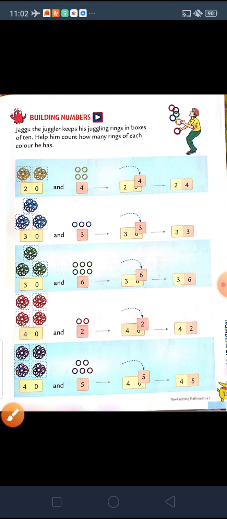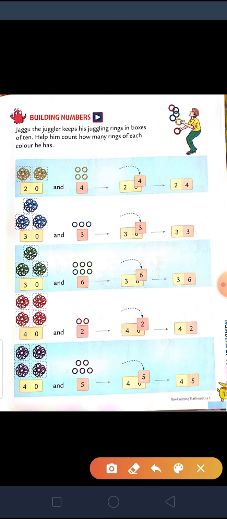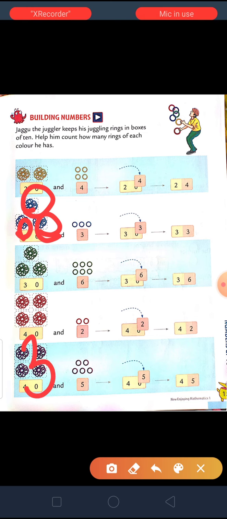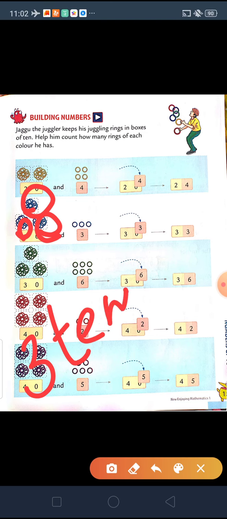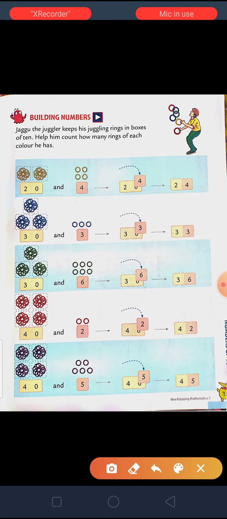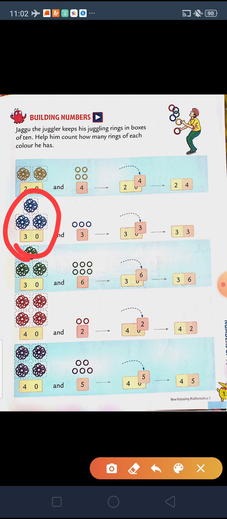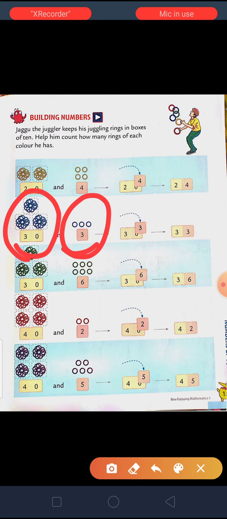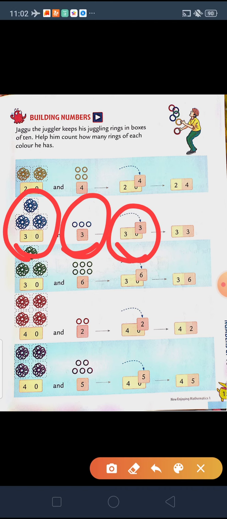This becomes very easy when we make groups of 10. Next you can see blue: 10, 10, 3 groups are there. 3 groups means 3 tens, so a total of 30 rings. And 30 with an extra 3. If we add 30 and 3, it gives us 33.